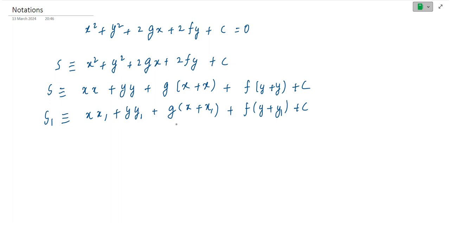This left hand side expression can simply be denoted as S1.